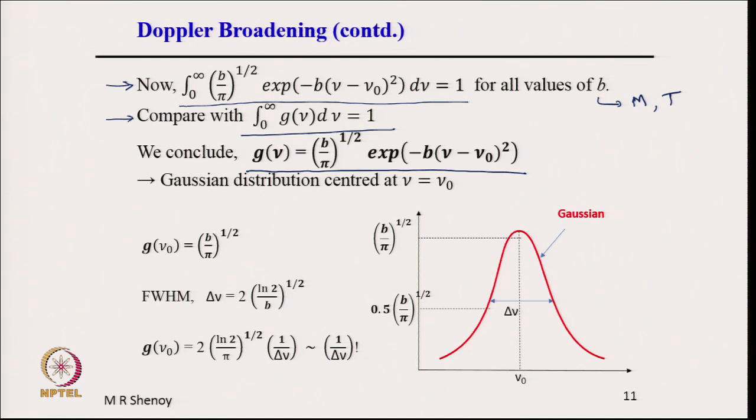Therefore, we conclude that g nu is equal to the integrand, which is clearly a Gaussian distribution centered at nu equal to nu 0. The value is maximum when nu equal to nu 0, this is exponential 0 which is 1, and the maximum value g of nu 0 is given by square root of b by pi, that is this value.